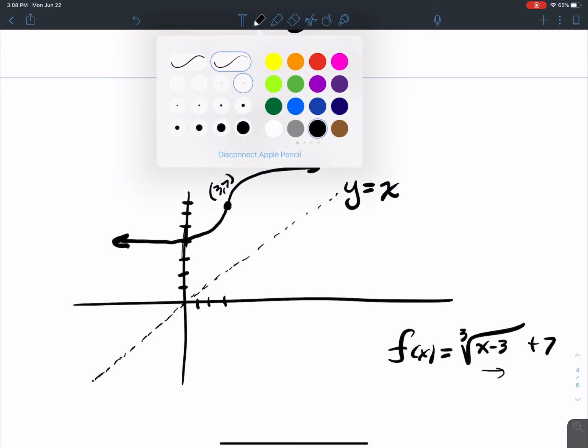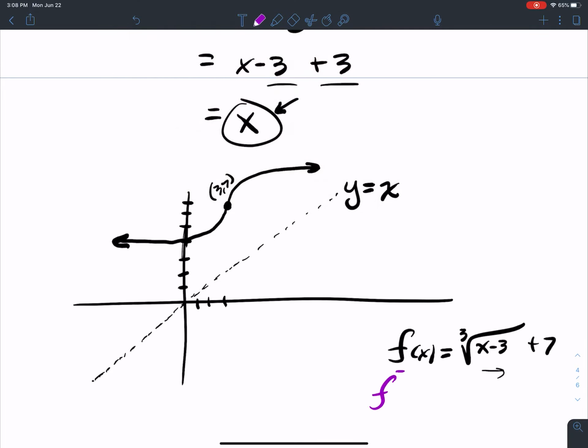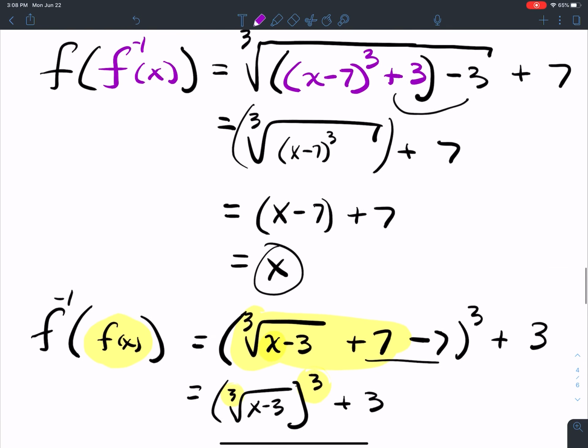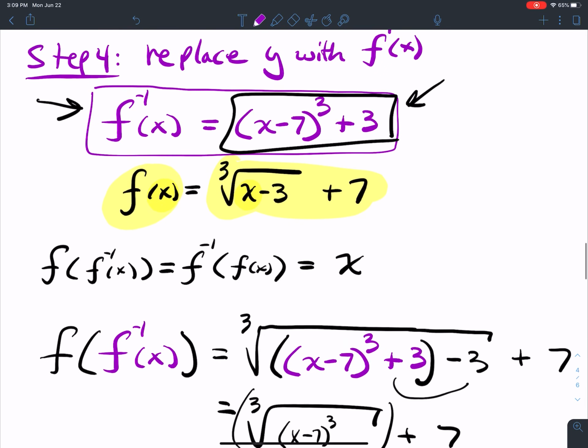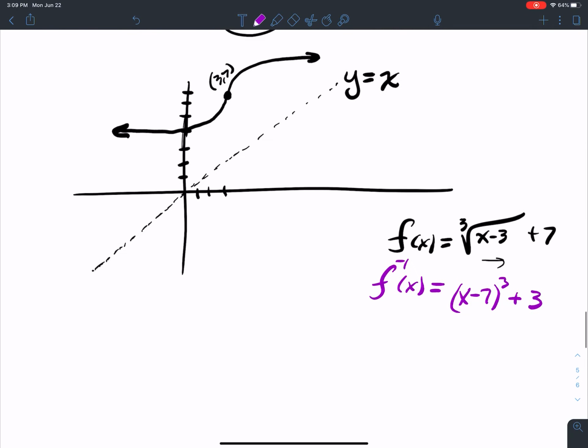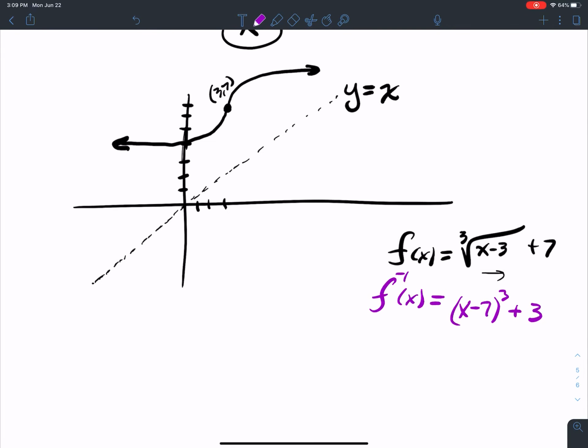Now the inverse function f inverse of x is equal to what? What did we find? We got (x minus 7) cubed and then plus 3. So this means to go to the right 7, 1, 2, 3, 4, 5, 6, 7, and then up 3, 1, 2, 3, so right here.